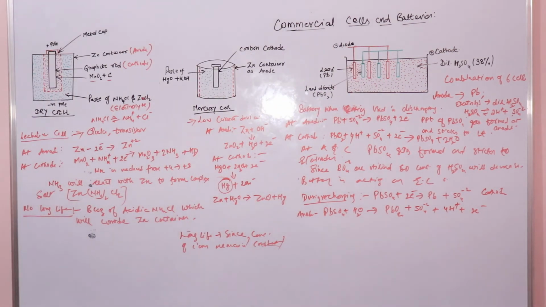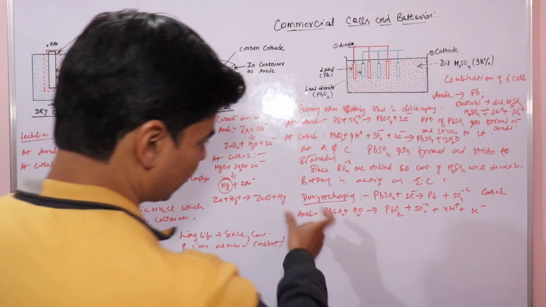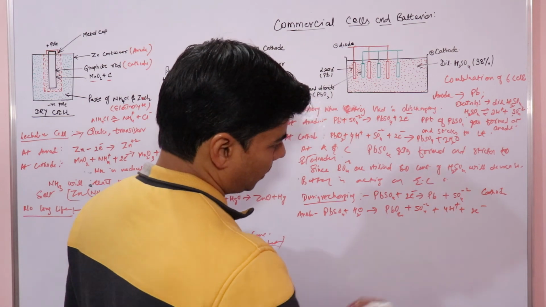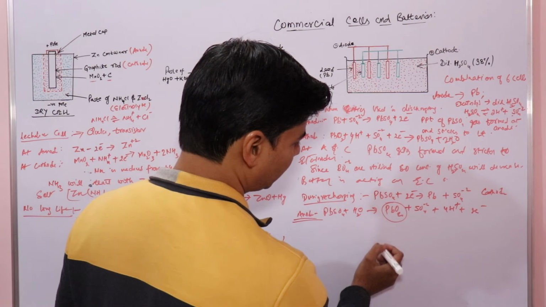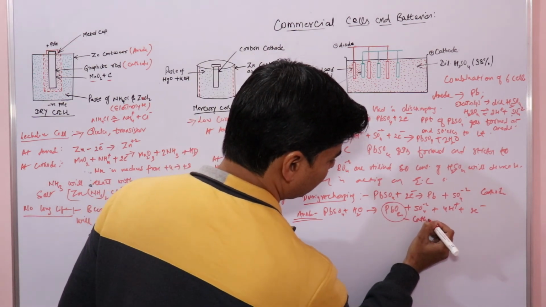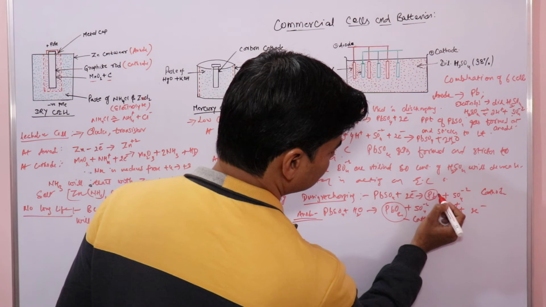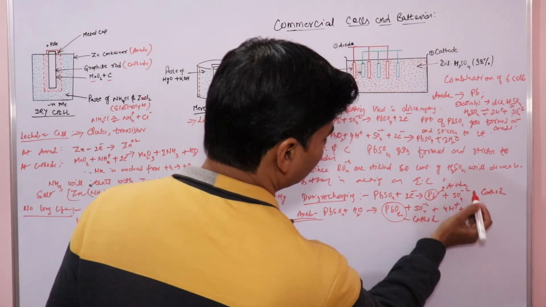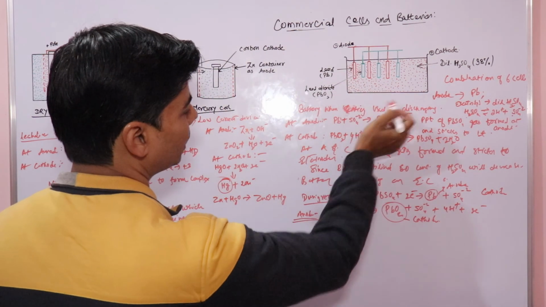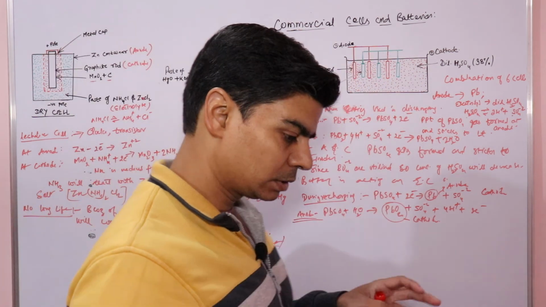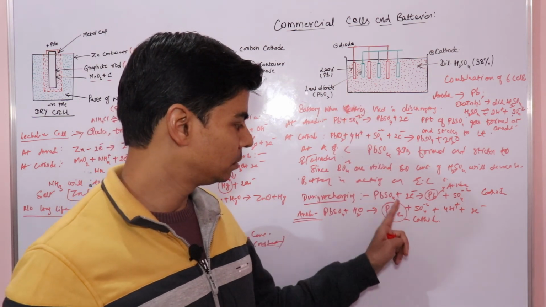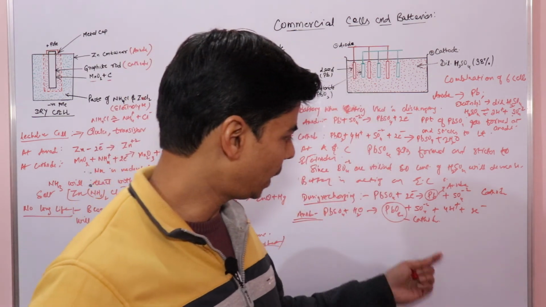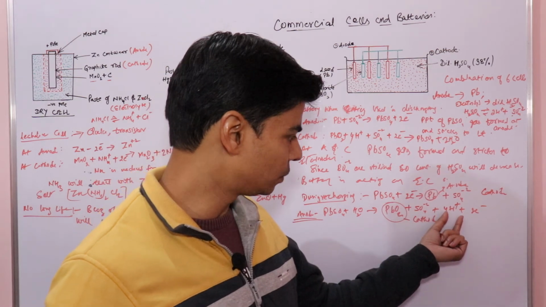You have lead dioxide at the cathode, and you have lead at the anode, which is what we want, because initially when the battery started working, the anode was of lead and the cathode was of PbO2, and you have sulfate ions that get formed and hydrogen ions, right.